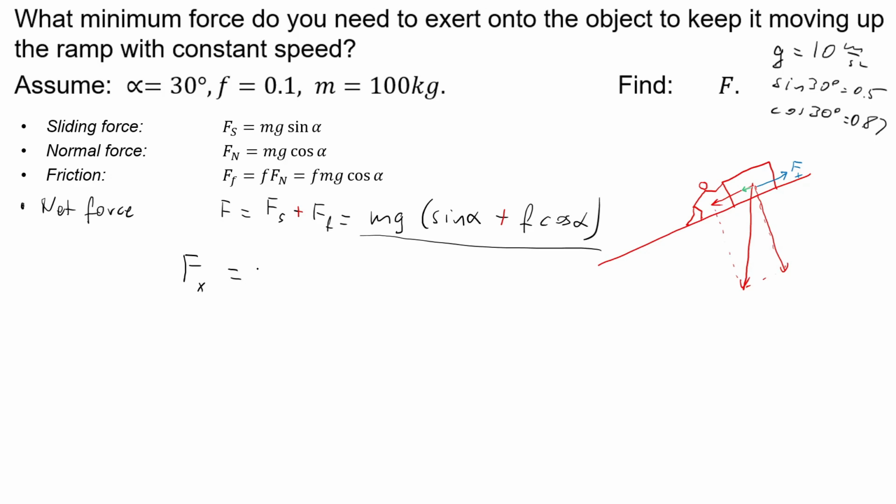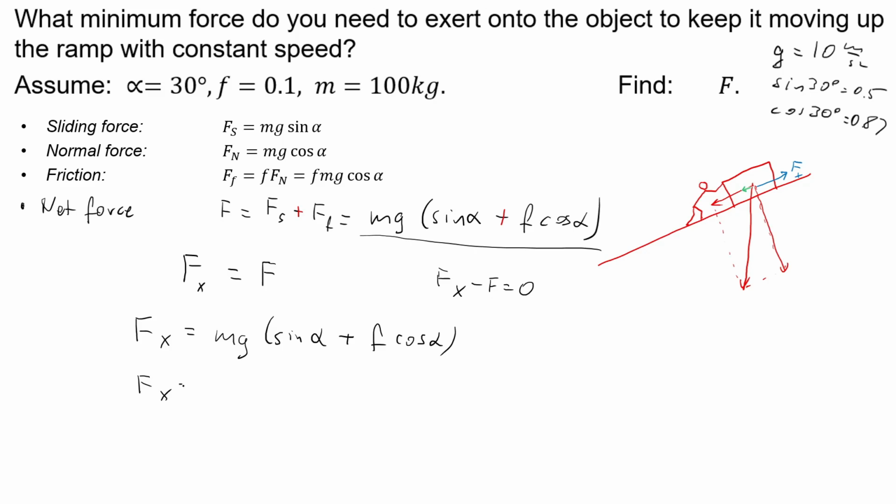It has to be balanced with the net force, or you could express it as Fx minus F equals 0, the condition of balancing. Fx equals Fs plus Ff, so it's mg sine alpha plus μ mg cosine alpha.